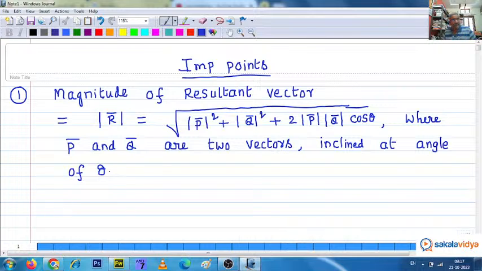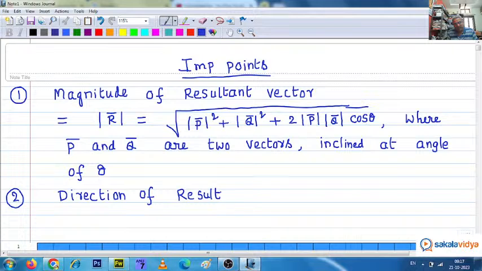Now we need to define the direction of the resultant vector also. You can chat and type in the comment section also. So what is the direction of the resultant vector?